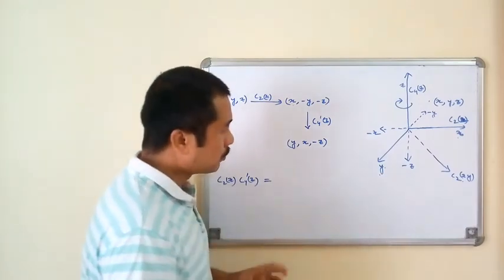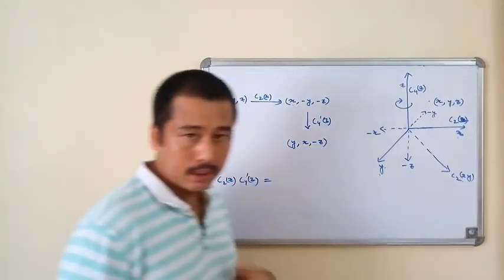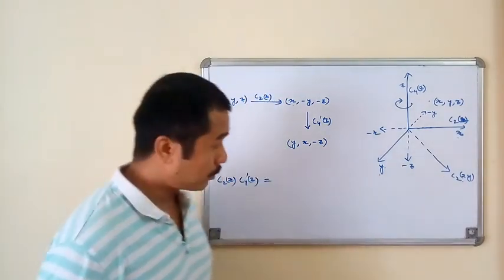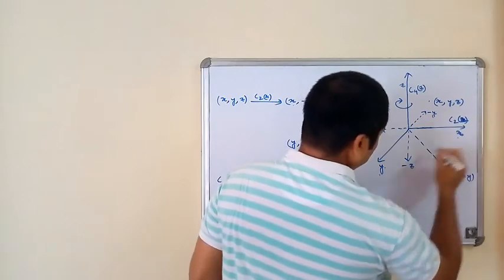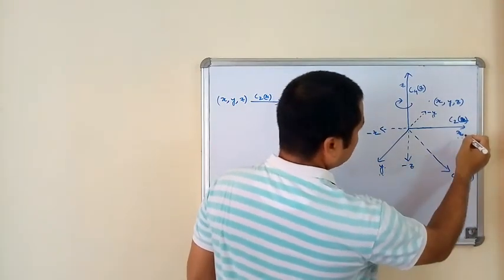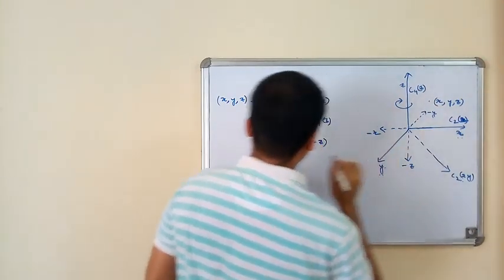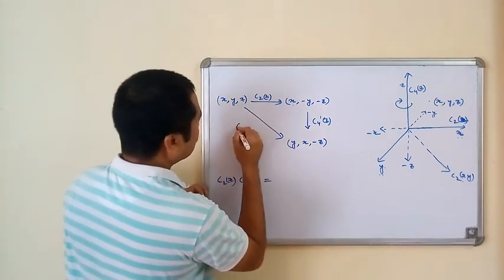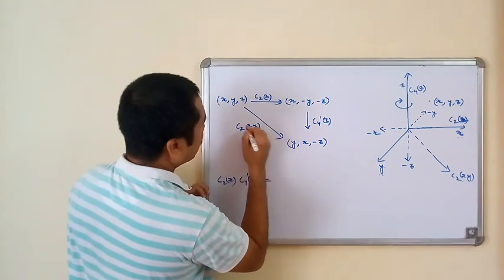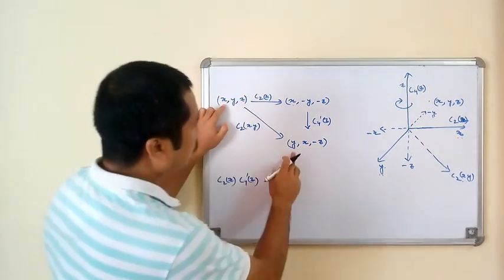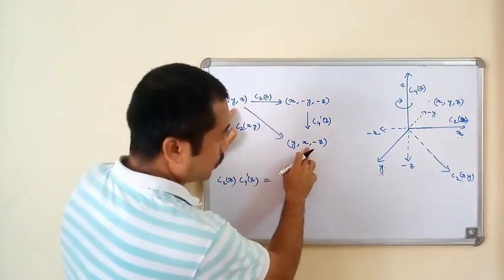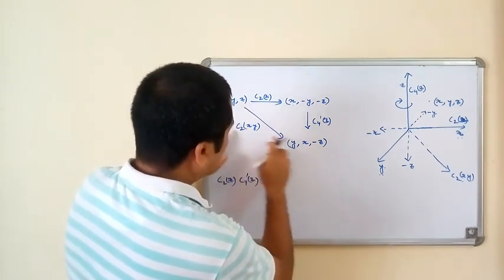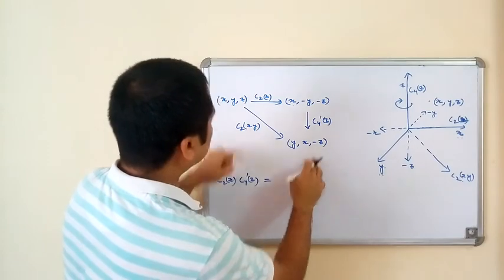If we do a C2 rotation with respect to this particular C2 axis, then x will go to y, y will go to x, and z will go to minus z. So we get directly these coordinates by performing C2xy.